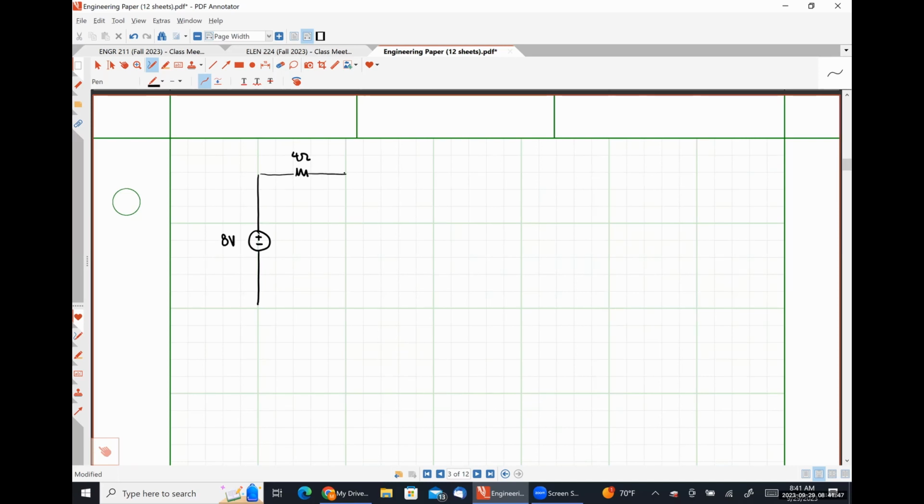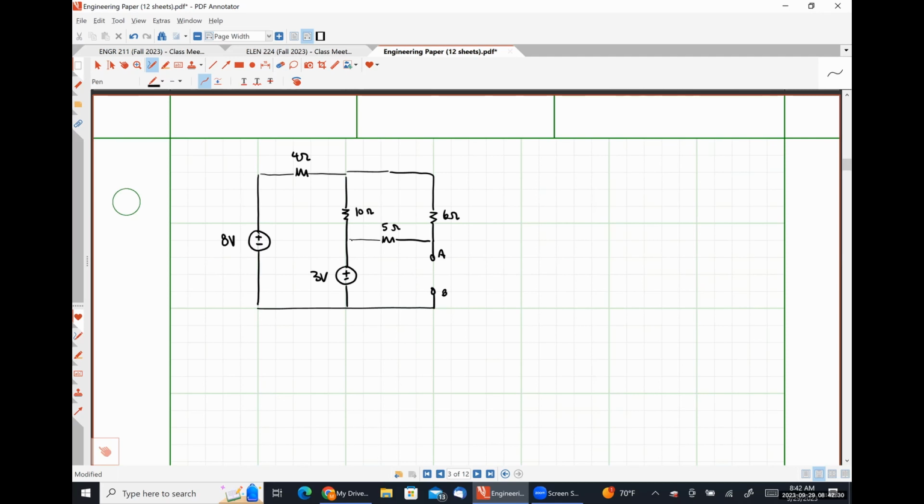Four ohm resistor here. 10 ohm resistor here. 6 ohm resistor here. 5 ohm resistor here. A 3-volt source here. And this will be our open circuited set of terminals. Let's call these A and B.